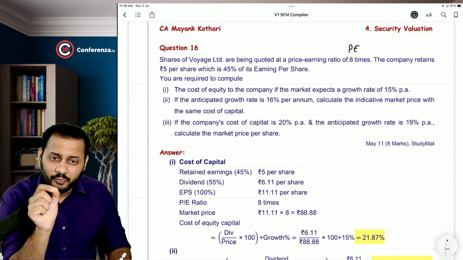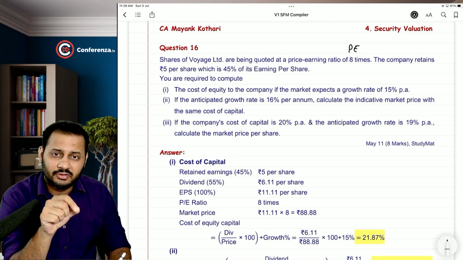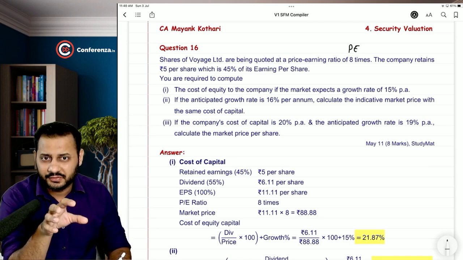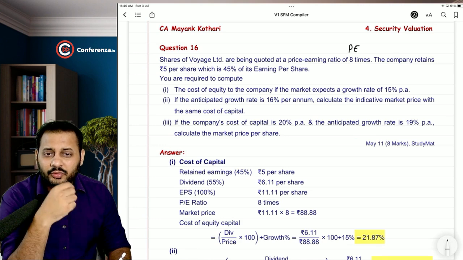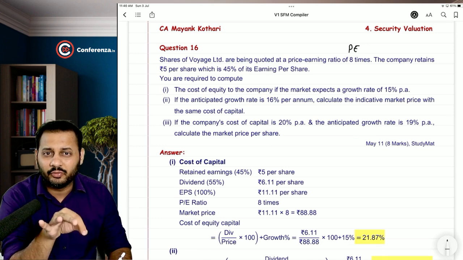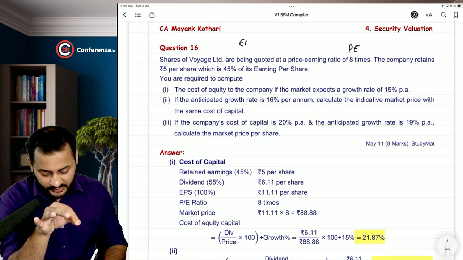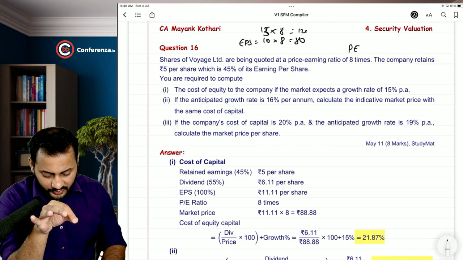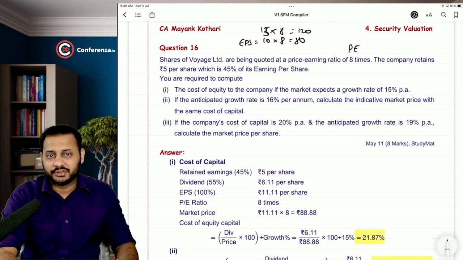You will have to pay 8 times that earnings in order to buy that share. So in order to get earnings of 1 rupee, you will have to pay 8 rupees. If the company's EPS is, let's say, 10, you will have to pay 80. If the earnings is 15, you will have to pay 120 to buy that share.